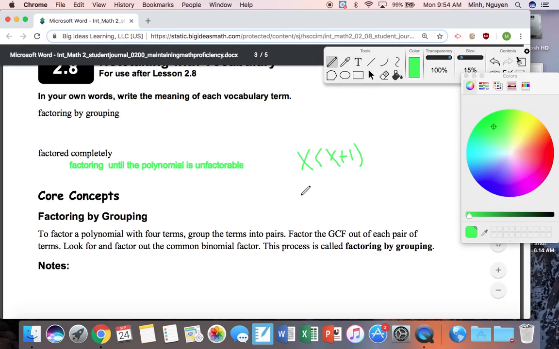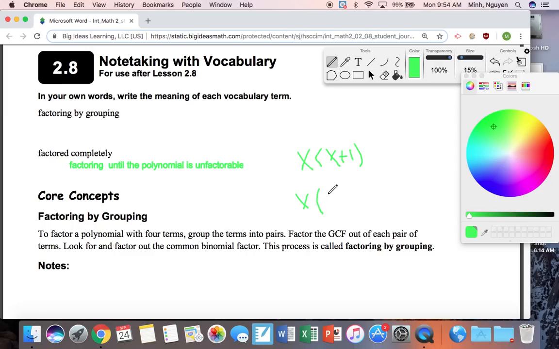But if I said something like, oh, x times 3 plus 6, or 3 plus 6x, then you should be able to look at this and think, oh, well, I could still factor a 3 out of here, and you can. So this would be 3x times 1 plus 2x.